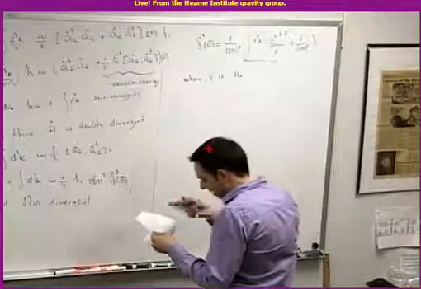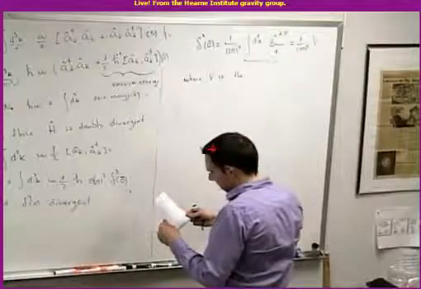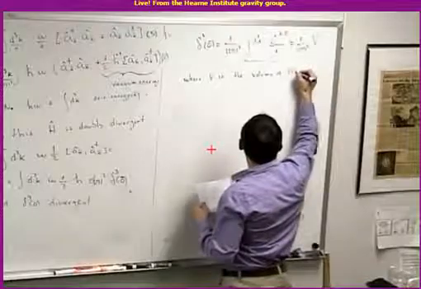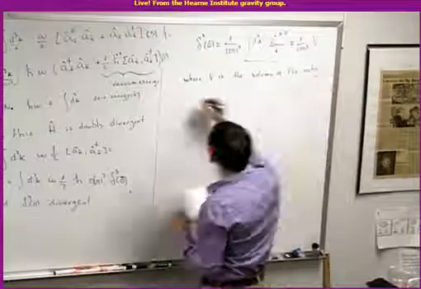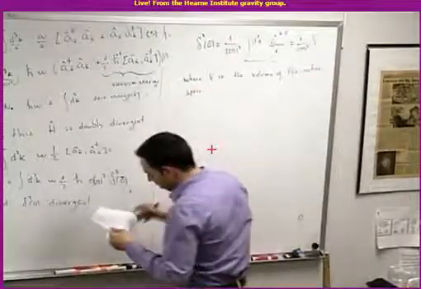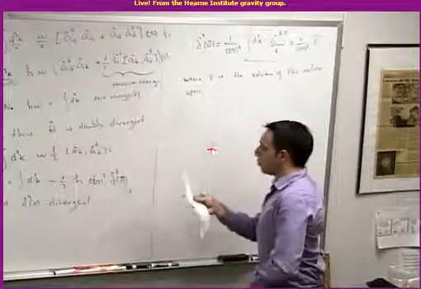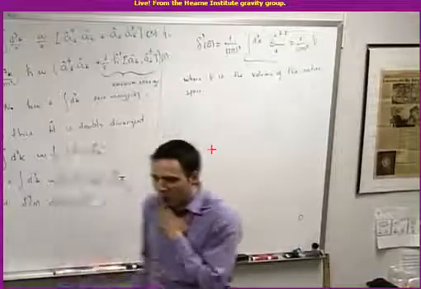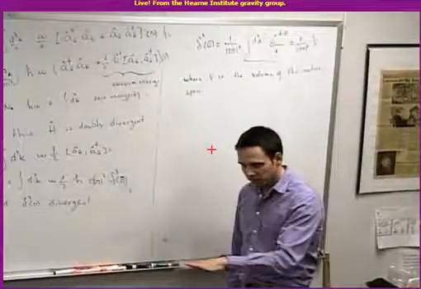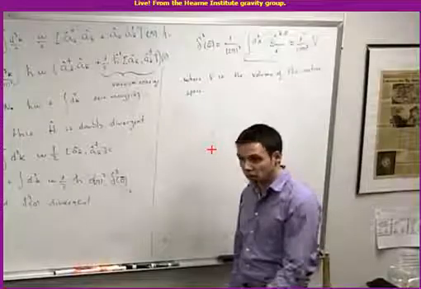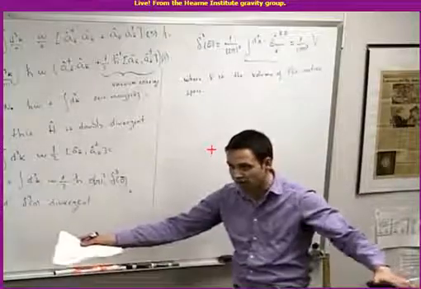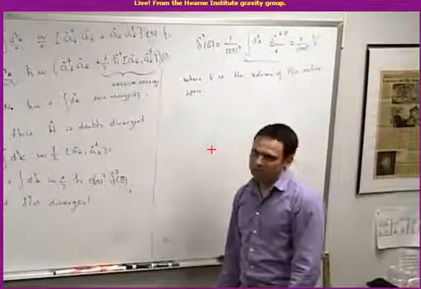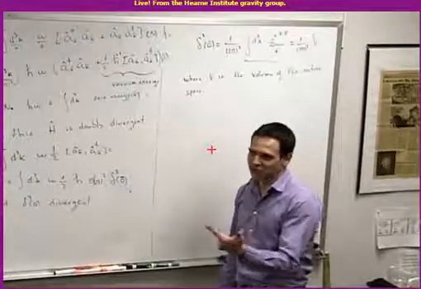So let me say it properly. This is the volume of the entire space. So what happens here is that if you give me a quantum state as the vacuum, which is homogeneous, so it doesn't depend on which point you are, and you ask me for the total energy, there are two answers: infinite or 0.